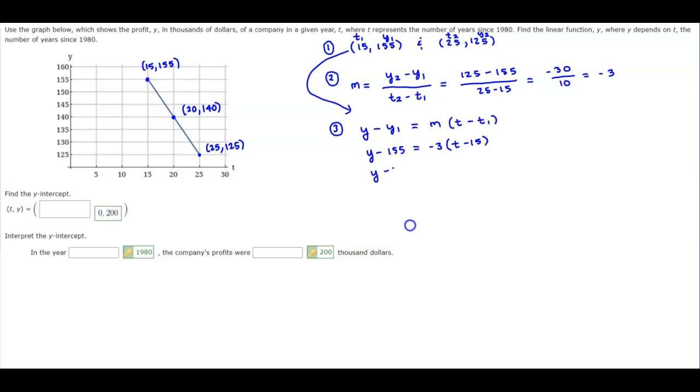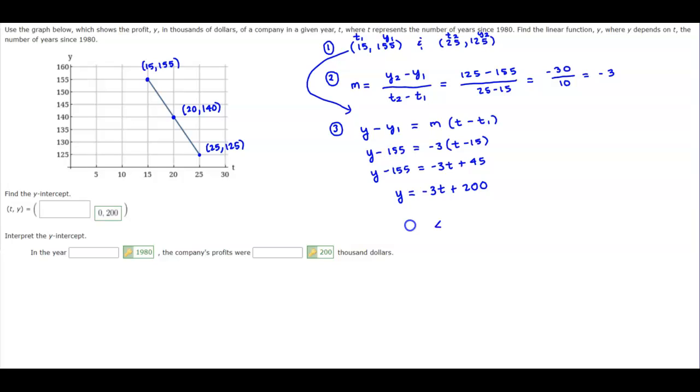We distribute the negative 3 to get negative 3t plus 45. Then adding 155 to both sides gives us the equation y equals negative 3t plus 200. So that is our model.